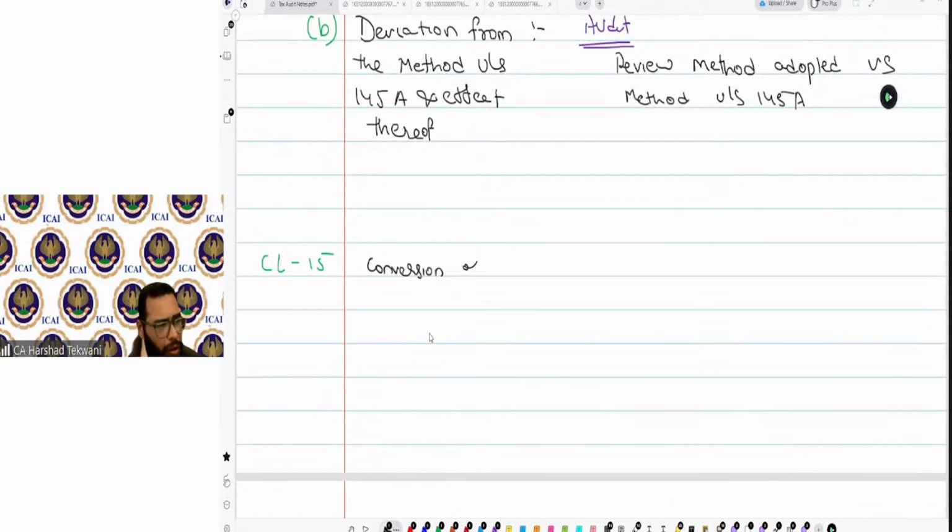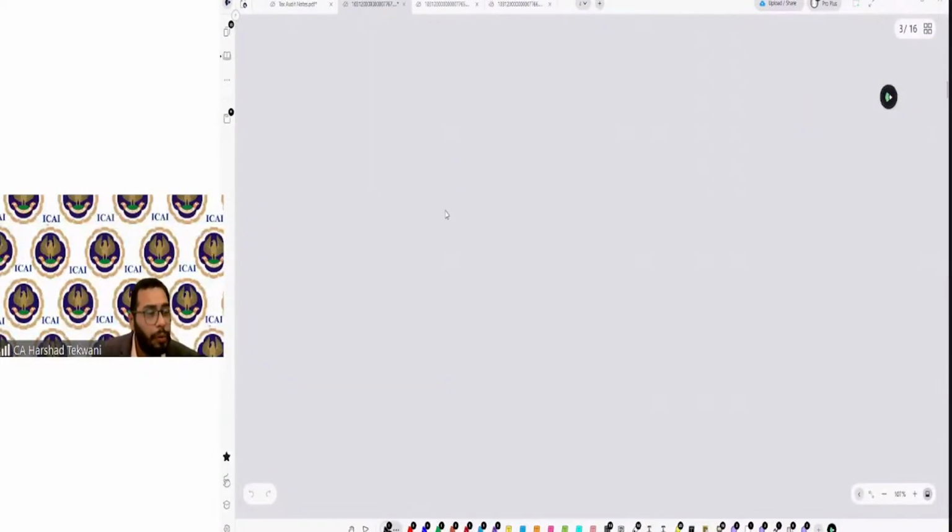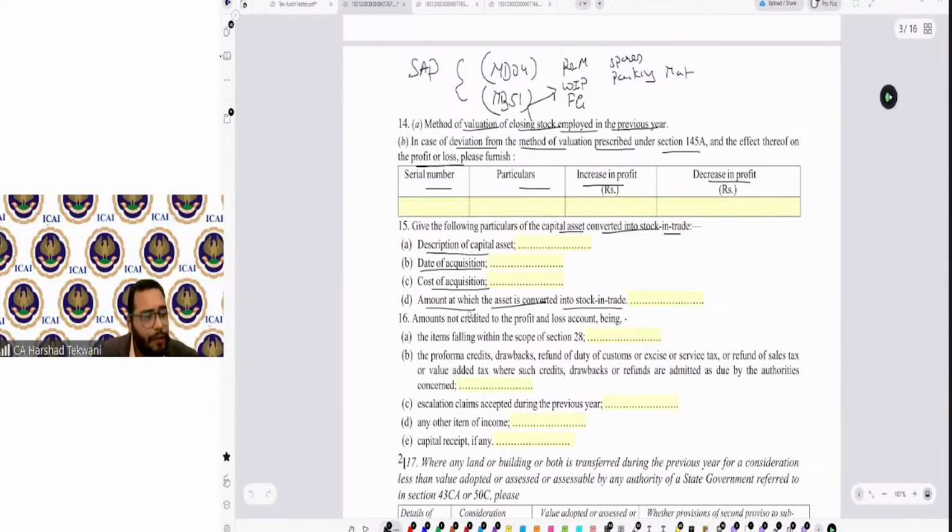Conversion of capital asset into stock in trade. Now, the way we are required to provide the details here is that we need to give the description of the capital asset, date of acquisition, cost of acquisition, and amount at which the asset is converted into stock in trade.